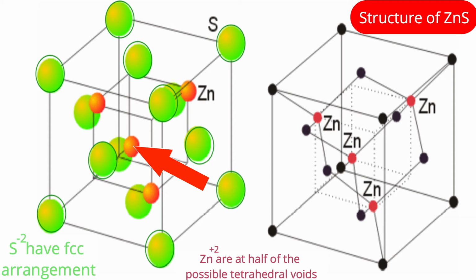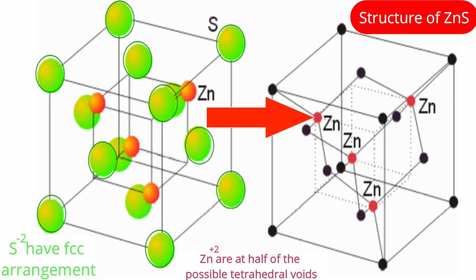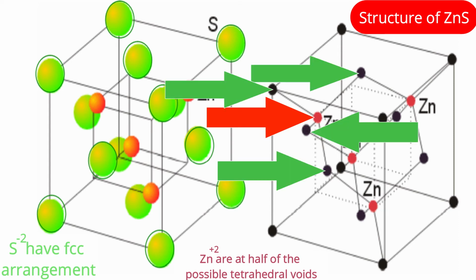Is this arrangement clear? Now let us talk about the coordination number of each ion. For that, the right side diagram will be helpful to you. You will find a zinc ion is surrounded by the closest, nearest 4 sulfide ions.